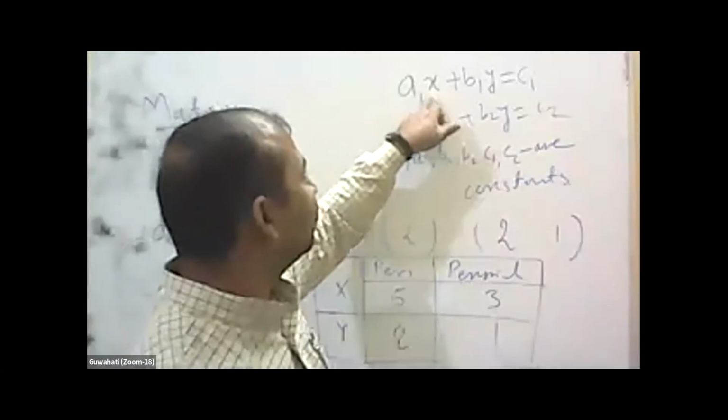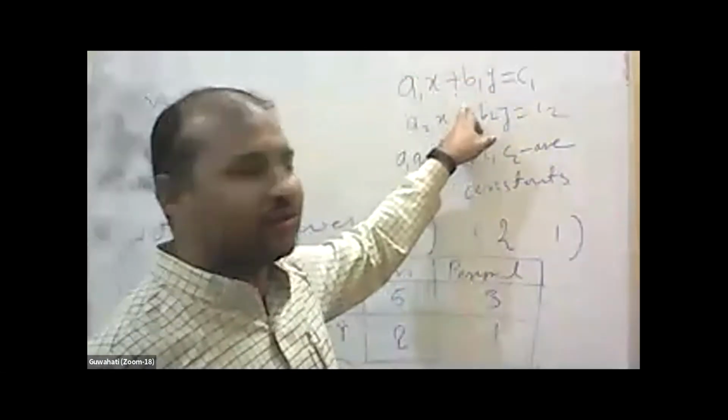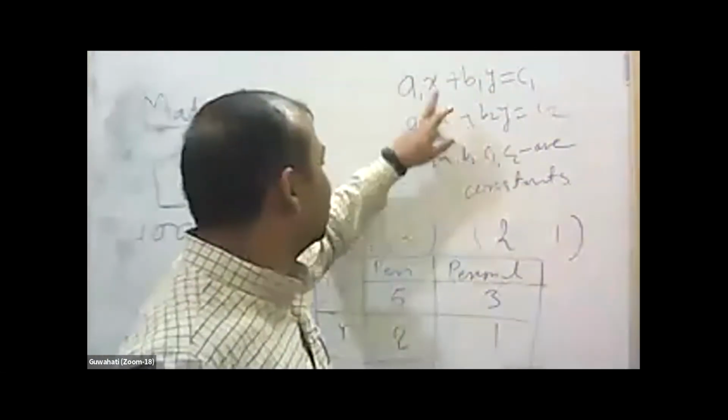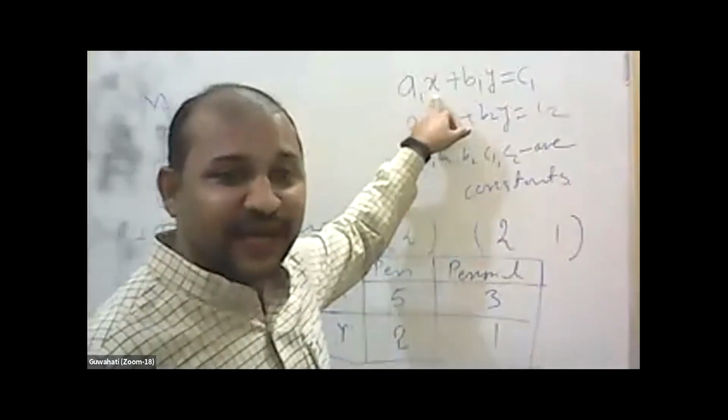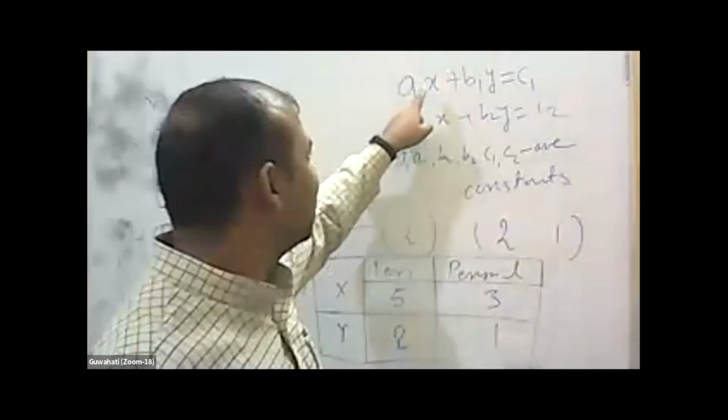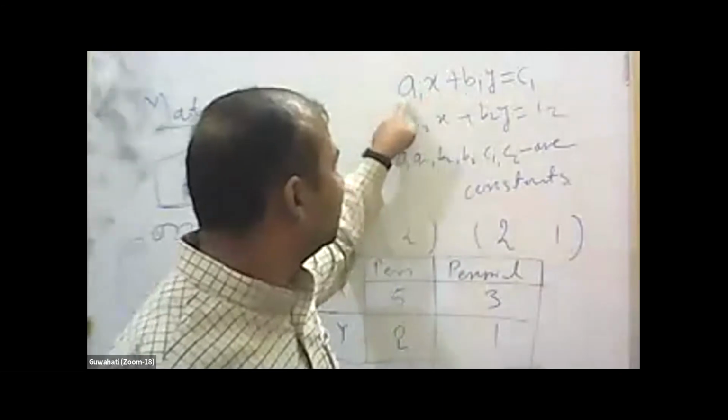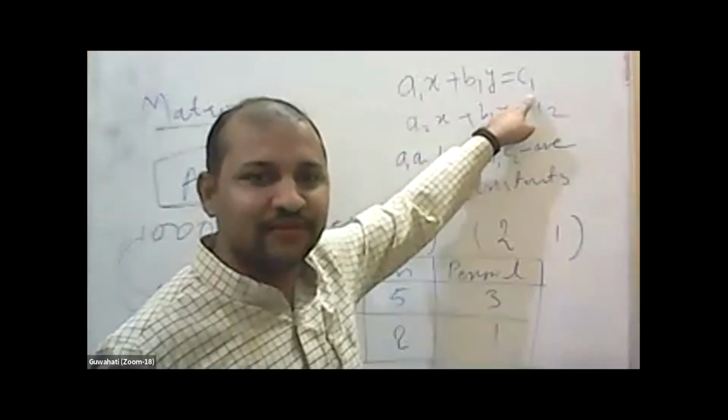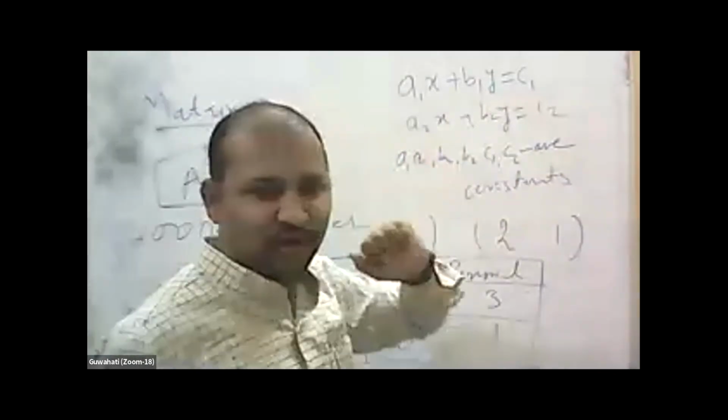There are two variables. A variable is nothing but an unknown. We don't know the value of x and y. We want to find x and y in such a way that if I put in the values of x and y, it should satisfy the equation and its value should come out as c1. That is the meaning of this.